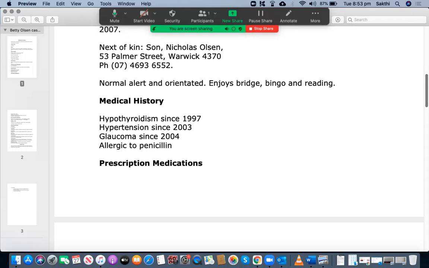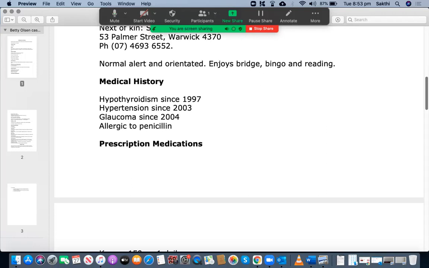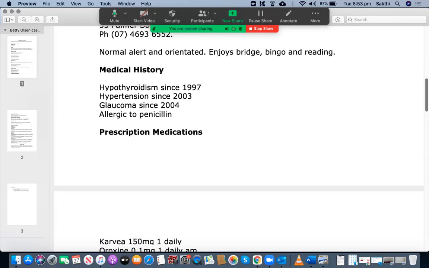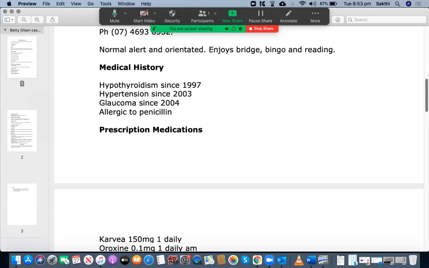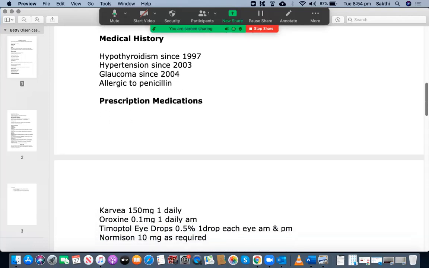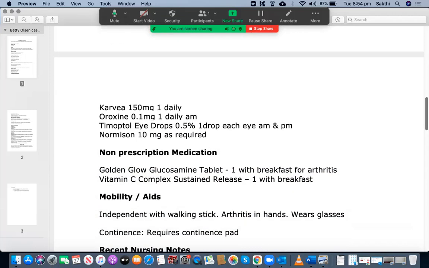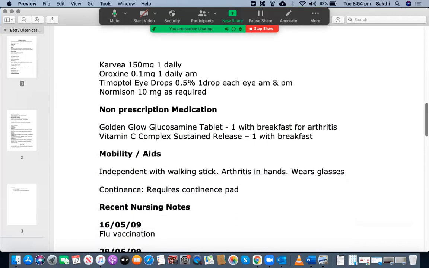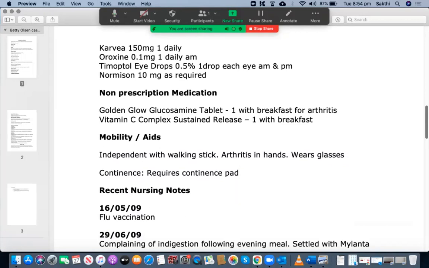That's the phone number. Normal, alert, and orientated. Enjoys bridge, bingo, and reading. Medical history: hypothyroidism since 1997, hypertension since 2003, glaucoma since 2004, allergic to penicillin. Prescription medications: Carvia 150 mg, 1 daily, Oroxin 0.1 mg, 1 daily AM, and Timoptel eye drops 0.5%, 1 drop each eye, AM and PM.